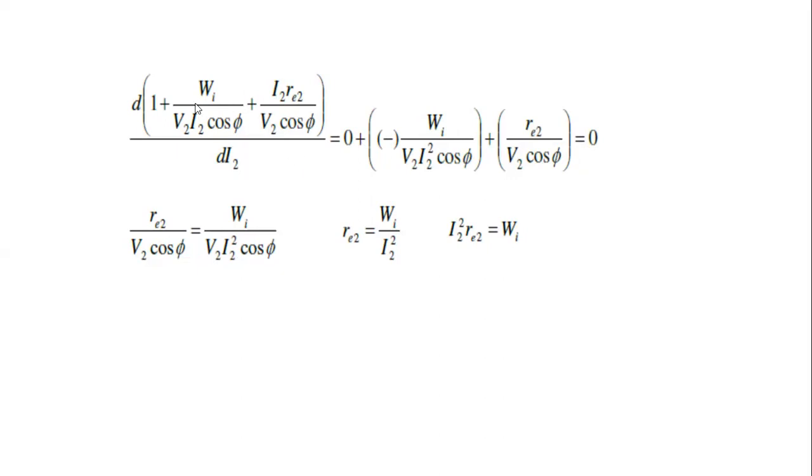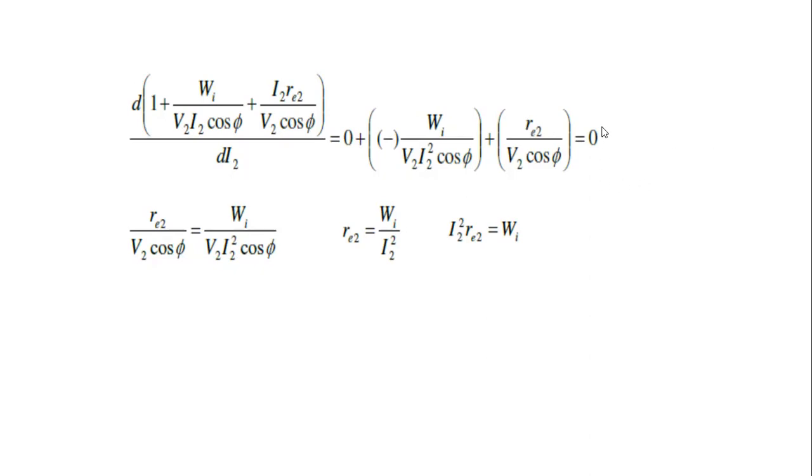This is the differentiation of the denominator with respect to I2. First, differentiating 1 gives 0, and for 1 by x it is minus 1 by x square, and the differentiation of x is 1.